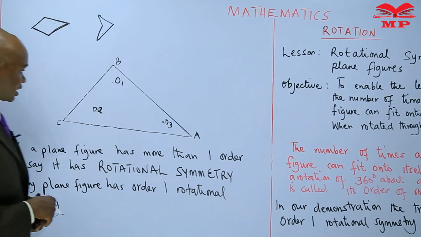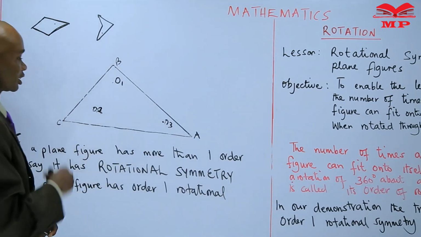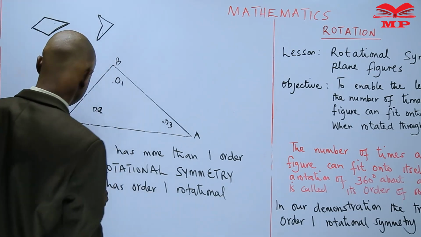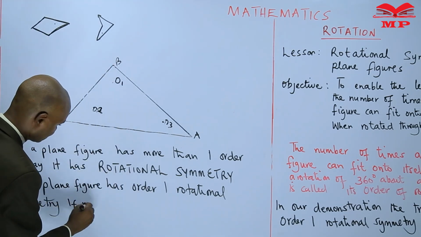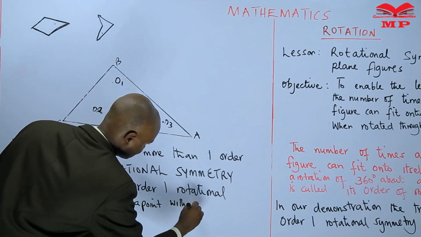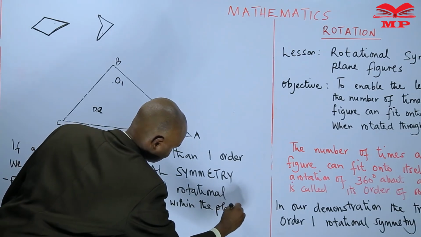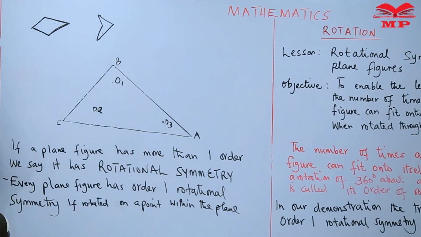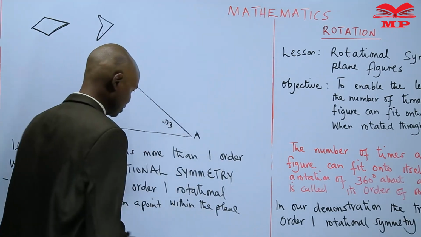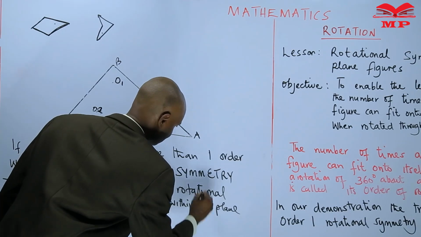So every figure has one order rotational symmetry if rotated on a point within its plane.